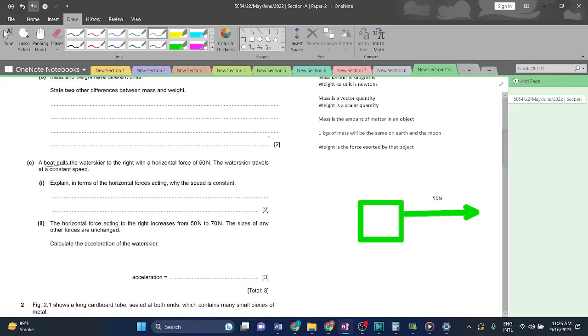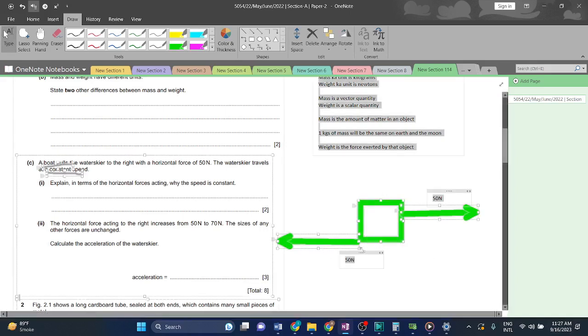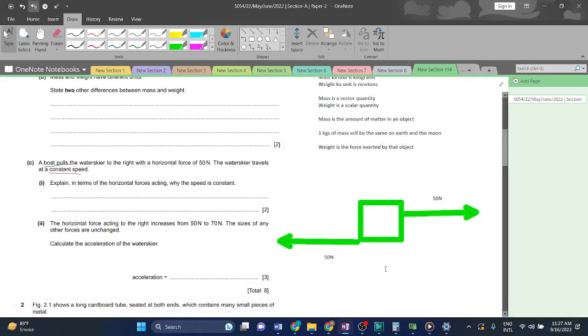The water skier travels at a constant speed, therefore there is no resultant force. Explain in terms of the horizontal force why the speed is constant. It is constant because the forward force is equal to the backward force. A 50 newton backward force is also being created, and therefore there is no resultant force.